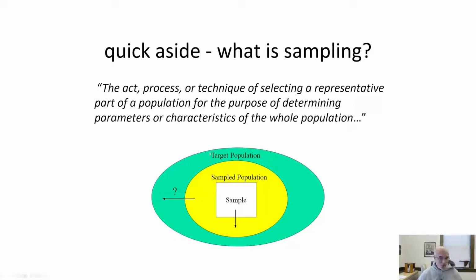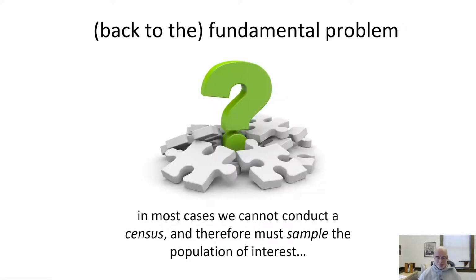We can't, for a variety of reasons, maybe logistical or financial, census the entire population. So we look at a sample, we take a piece of the population, we sample from it, and we're trying to establish from the sample, what can we say intelligently about the potential abundance of the entire population?